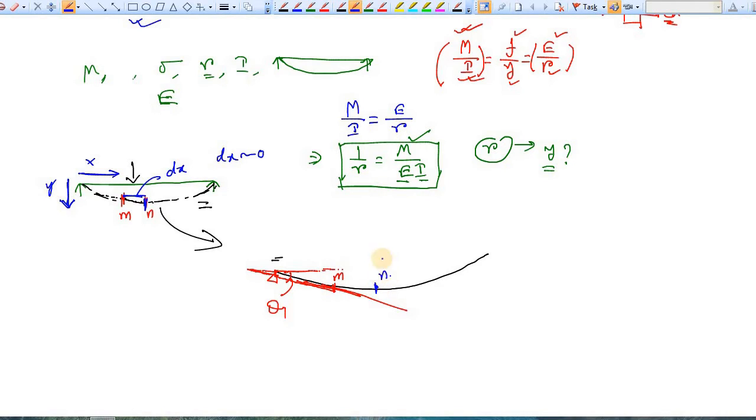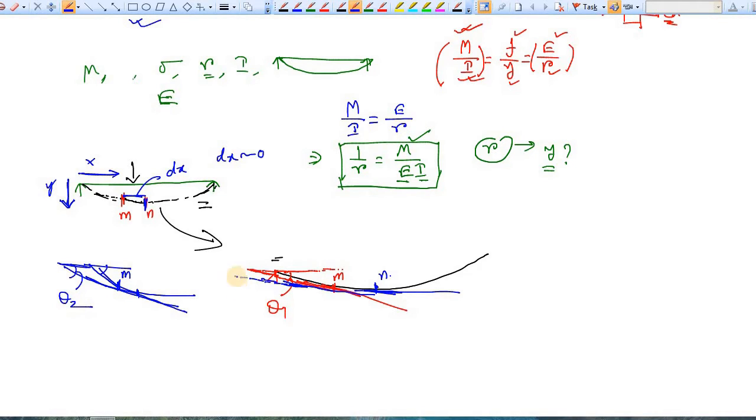Let's say again draw a tangent here also. So this tangent will make another angle like this. Okay, so let's say this was your curve, this was your m, this was theta. And now this is the tangent, and here this is like this. So obviously this is another theta.